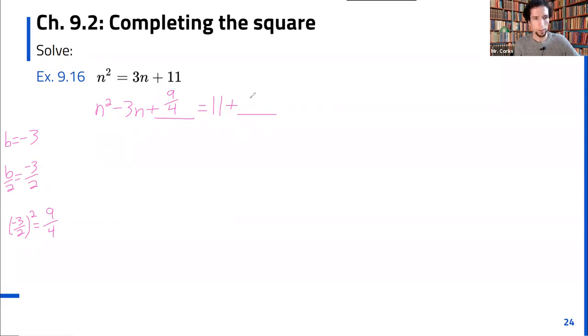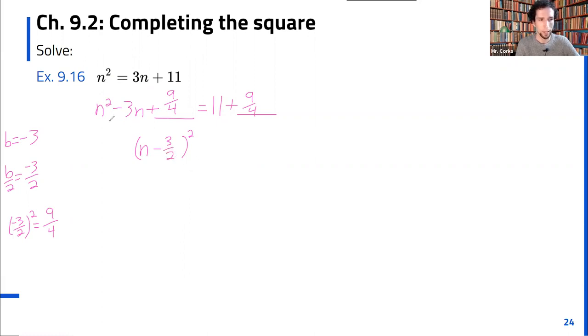And then on the other side, also plus 9/4. Okay, so then on the left side, if we factor that out and rewrite our perfect square, what will we get? N minus 3/2 squared. Sorry, n is our variable. That's all right. -3/2 and that whole thing squared.